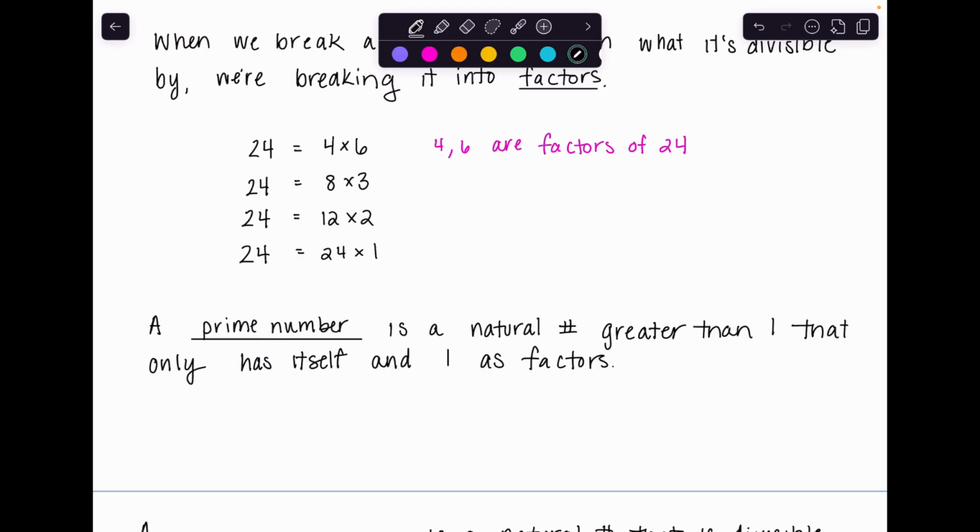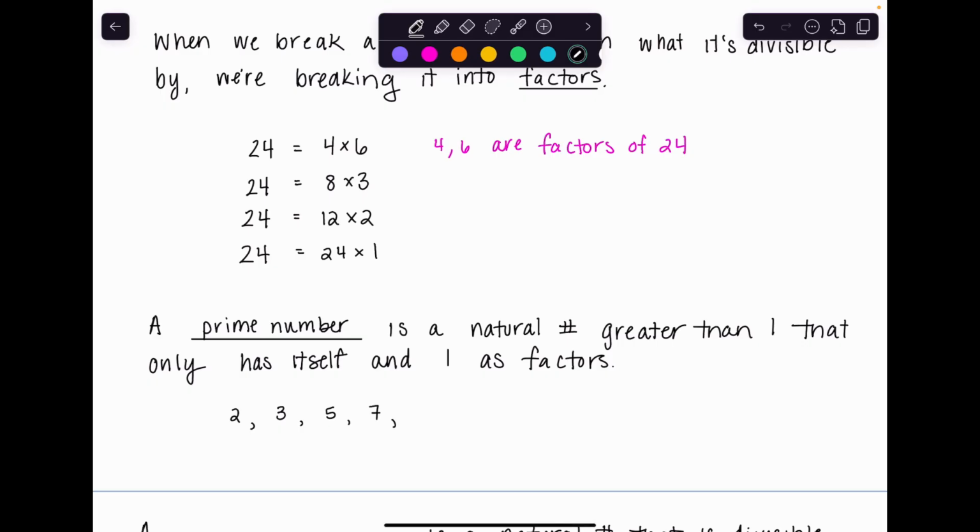A prime number is a natural number greater than 1 that only has itself and 1 as factors, meaning it is not divisible by anything other than 1 and itself. So the number 2 is a prime number, it can only be divided by 2 or 1. 3 is a prime number, divisible by 3 and 1 only. 5 is another example.